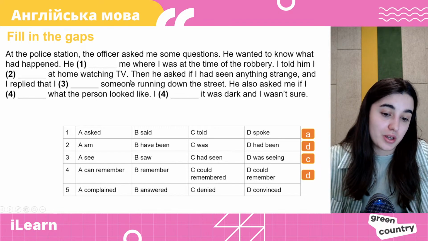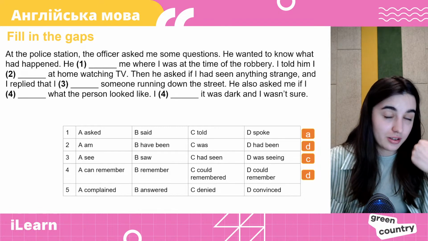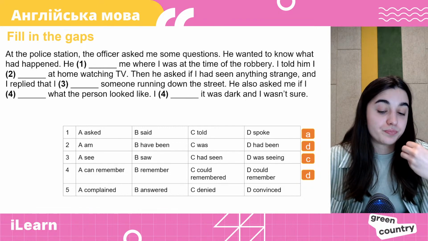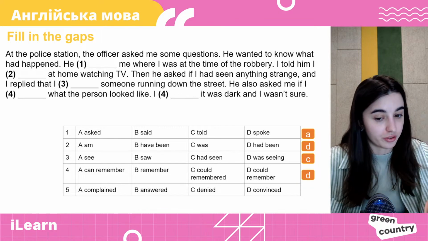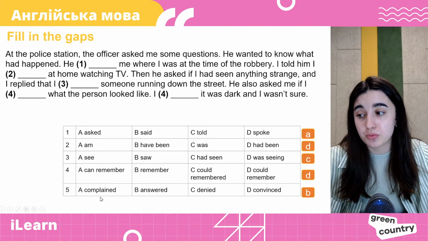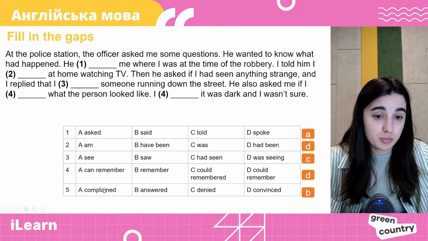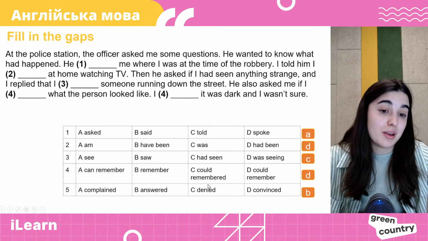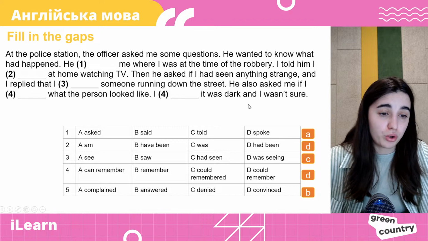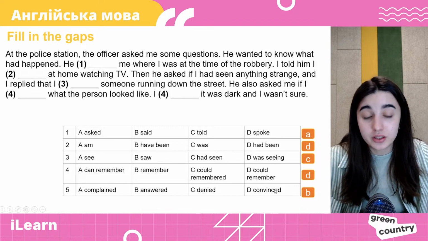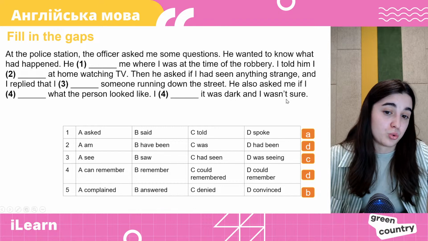As we can logically think, it is more about an answer. That's why we use answered. Because we can't complain that it was dark, right? We can't deny here, it doesn't work by context. And convinced, to persuade, also doesn't work very well here.